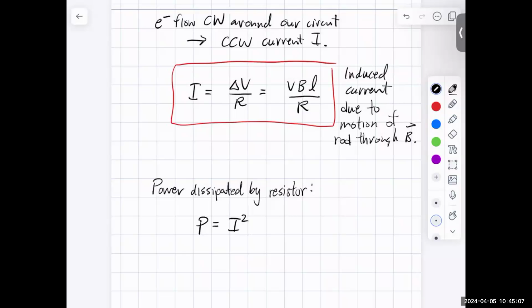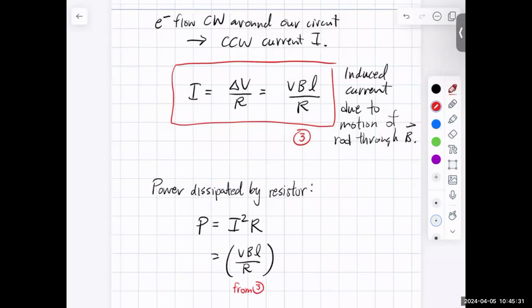I squared R, that's a perfectly fine way of doing it. So we just calculated I. So we know that VBL over R is the current, and we can call this equation 3. So this is from 3.